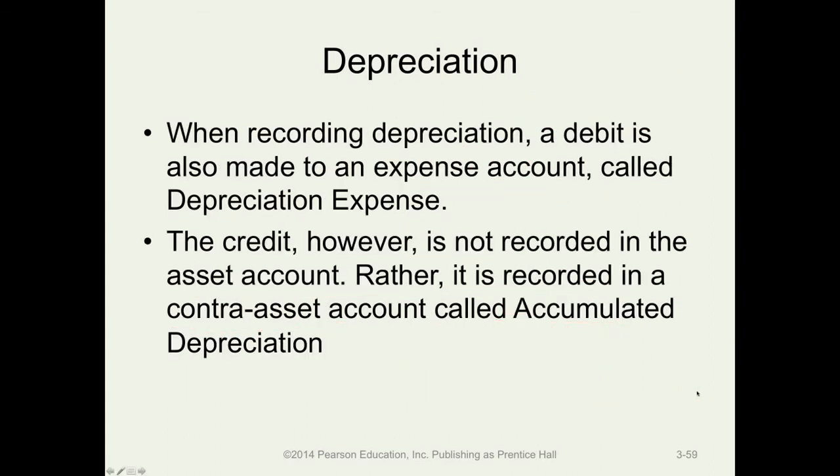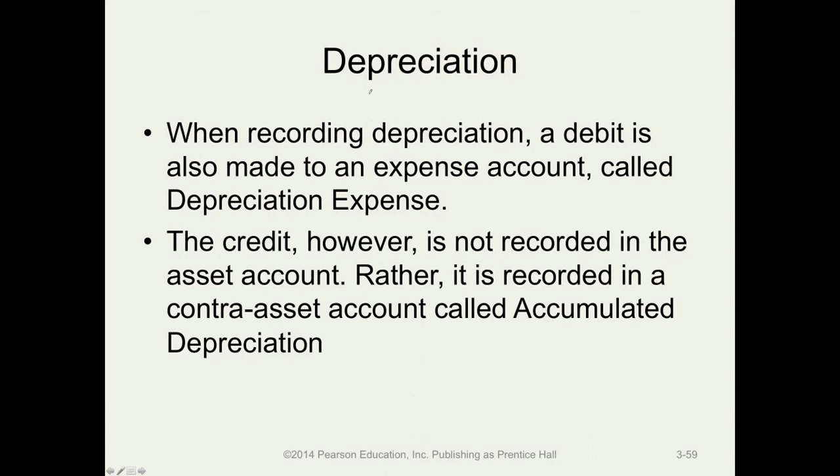As you would in a prepaid rent. When recording depreciation, the debit is made to depreciation expense. However, the credit is made to a contra asset account, which is known as accumulated depreciation.